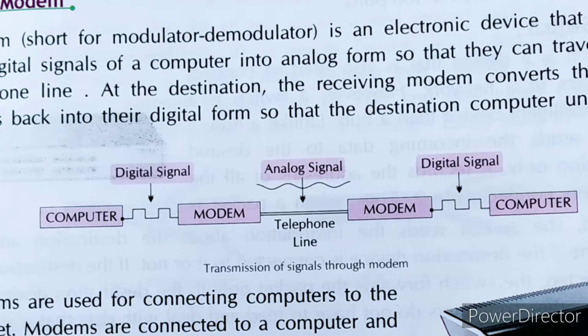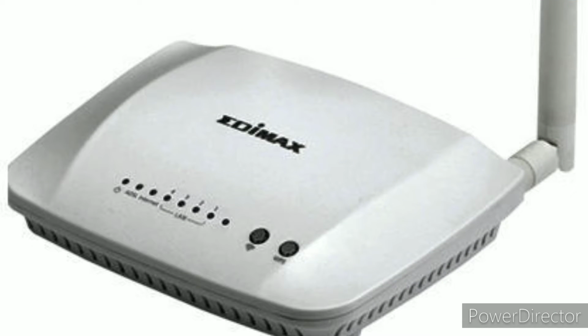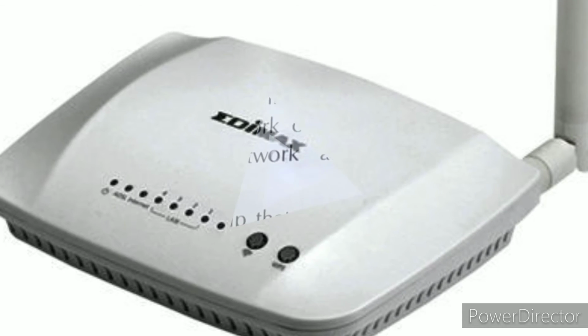At the destination, the receiving modem converts the analog signals back into their digital form so that the destination computer understands them. Modems are used for connecting computers to the internet. Modems are connected to a computer and a telephone line. A modem can be internal or external.